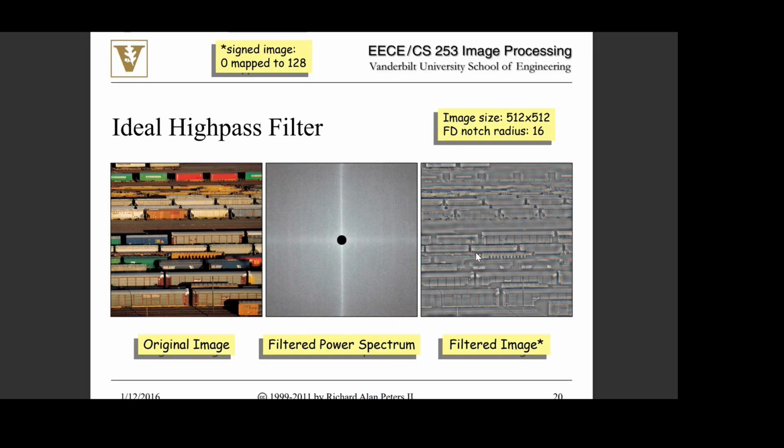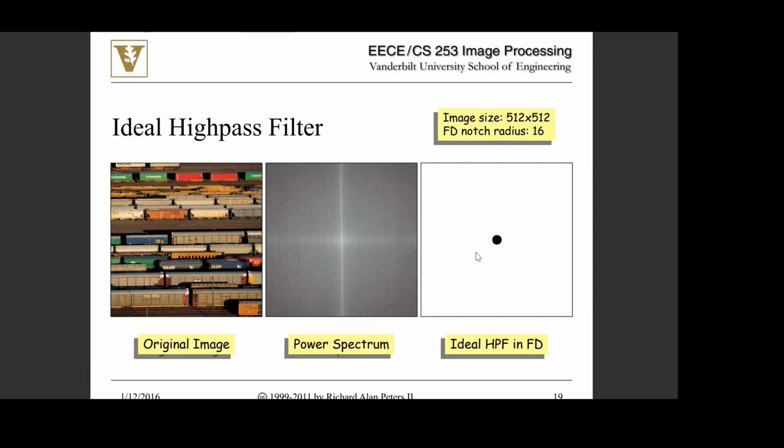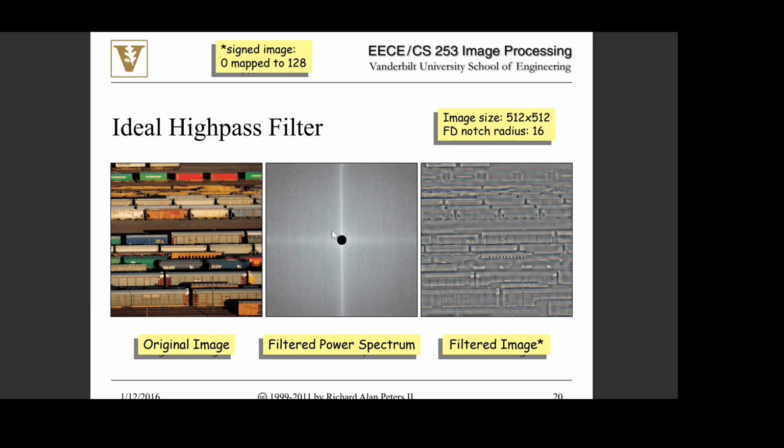You multiply, so if I multiply these two, point by point, this is what I get. So I get whatever I had where the filter was 1, and 0 where the filter is different from 1. And then you do the inverse Fourier transform, and this is what you get.